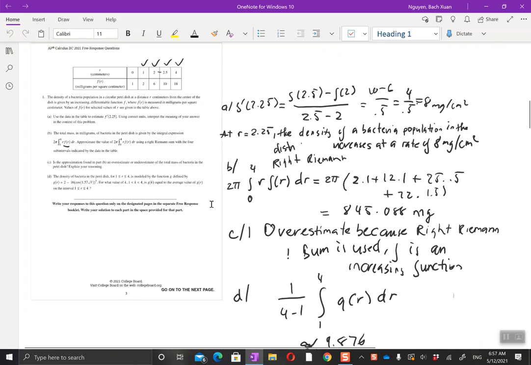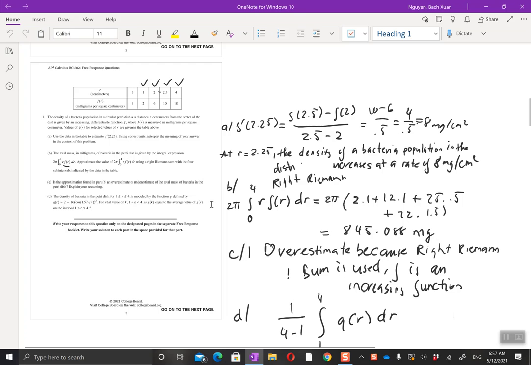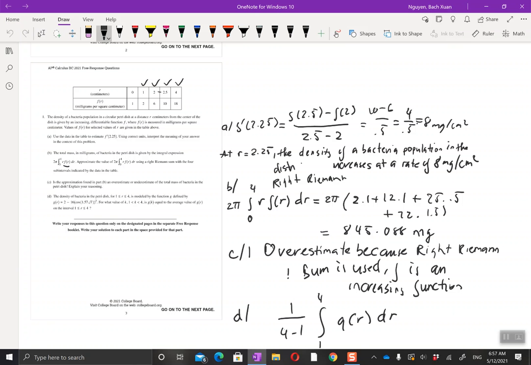So number 1, use the data in the table to estimate the derivative of f at 2.25. So basically we're just going to find the average rate of change of f at 2.25.